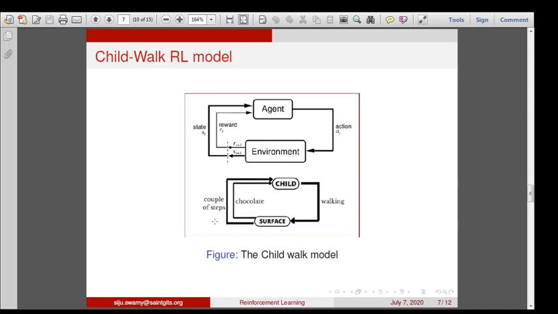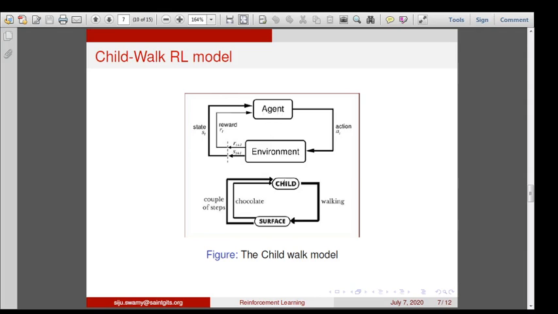If he repeats a couple of steps, it will create walking. Walking is a process. That walking will start with a single step, but definitely the positive and negative stimulus will help the child to learn to walk. The top portion of this figure is the general reinforcement model.